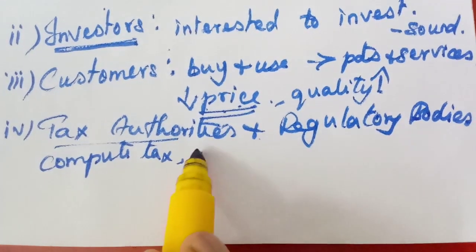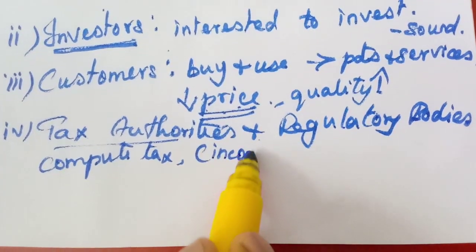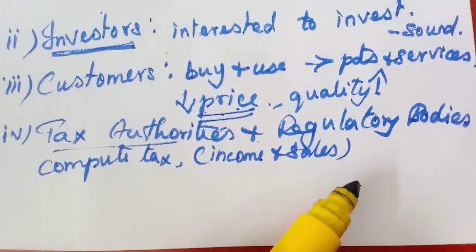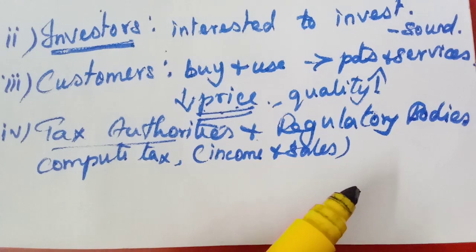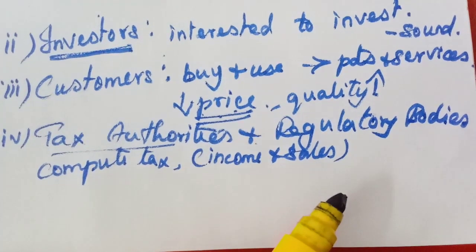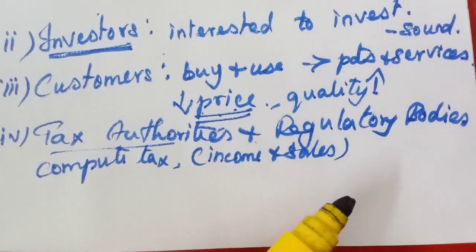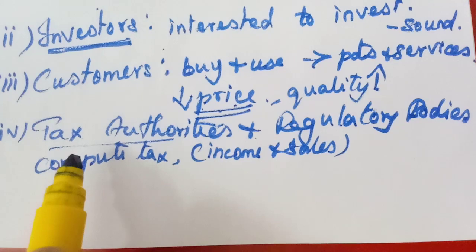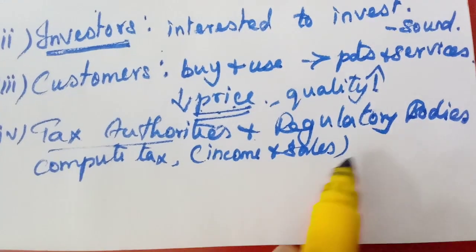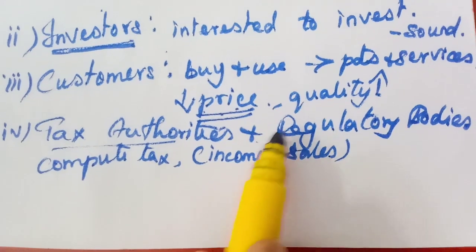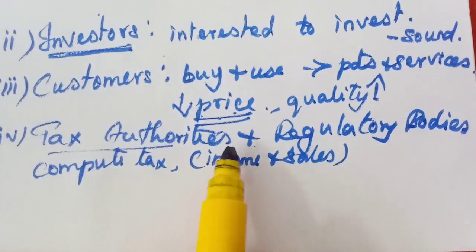Tax means maybe the income tax and sales tax, to calculate income tax and sales tax on goods. Then any other tax, maybe some other tax of the employees, tax deducted at source. So all the other tax will be calculated by the tax authorities. For this purpose, they need this.